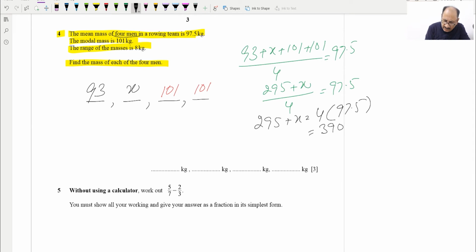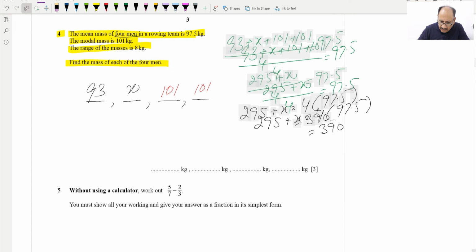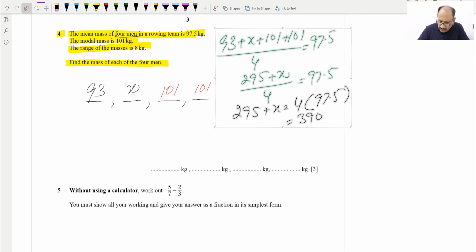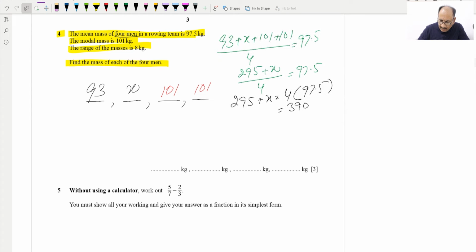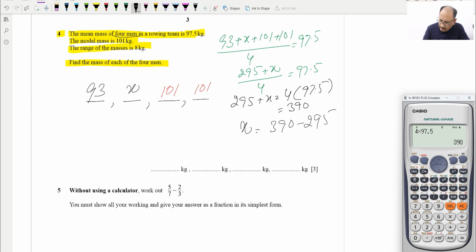So x is equal to 390 minus 295. So 390 minus 295 will give us 95.